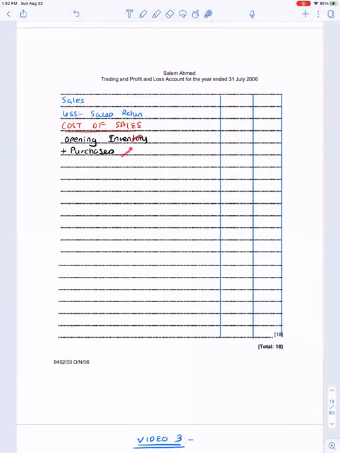Opening inventory plus purchases minus closing inventory would give you the gross profit. After that, you would add certain income and you would subtract certain expenses. Less expenses would give you the net profit for the year.